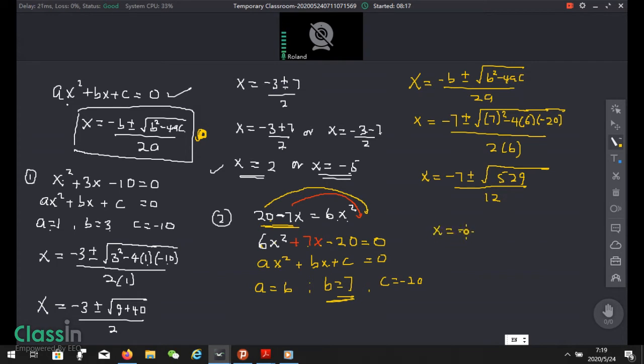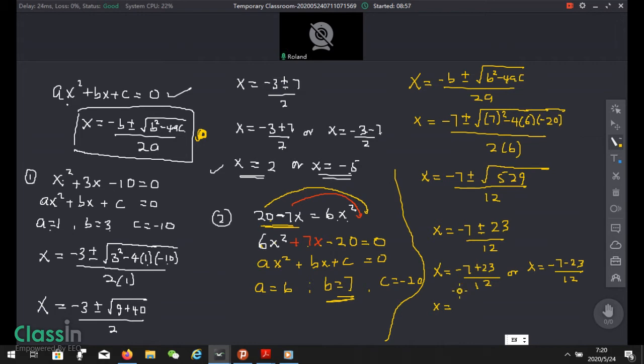So x will be negative 7 plus or minus the square root of 529, which is 23, over 12. This is plus or minus, so we have to do plus or minus. If we decide to plus, x will be negative 7 plus 23 over 12. Or we minus, so x will be negative 7 minus 23 over 12.